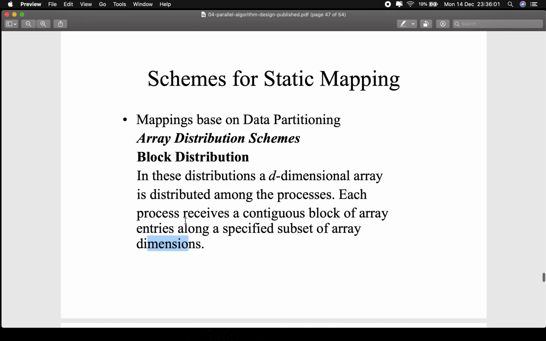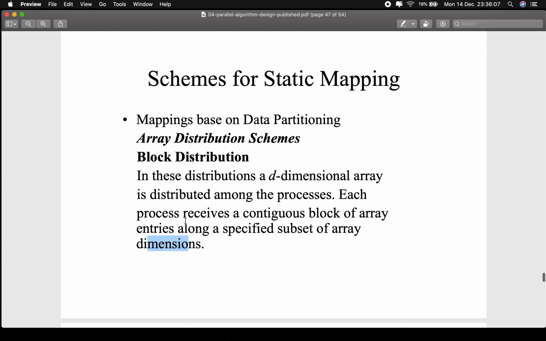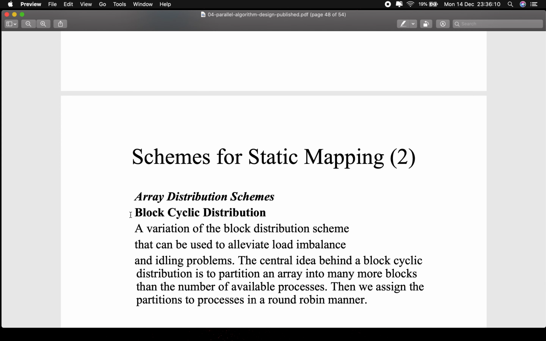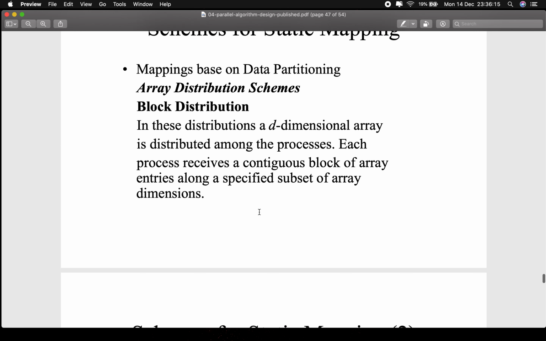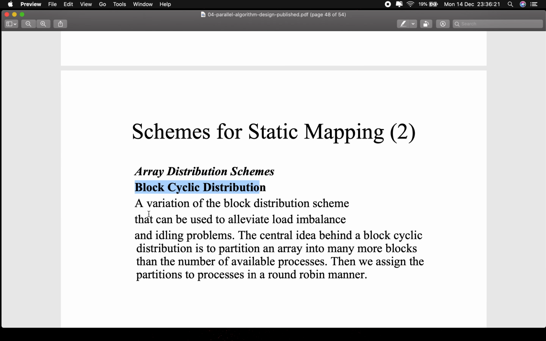That is for scheme number 1, and you have another one which is still under static mapping: the block cyclic distribution. The first one is block distribution. You can try to read the description, but the main point under block cyclic distribution is that the central idea is to partition an array into many blocks.